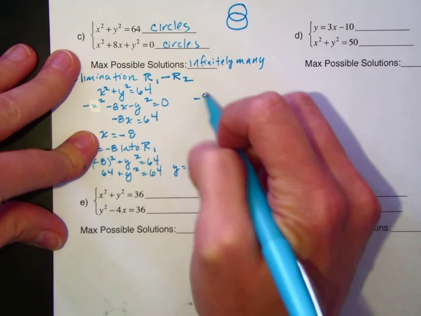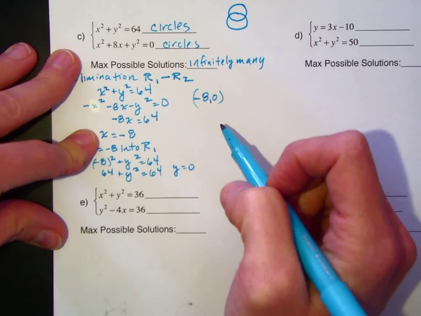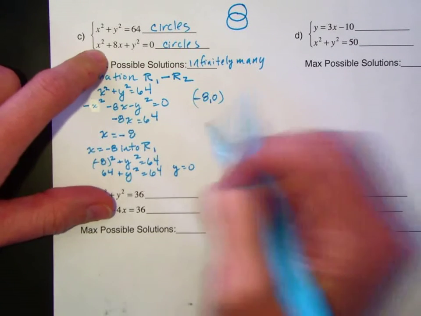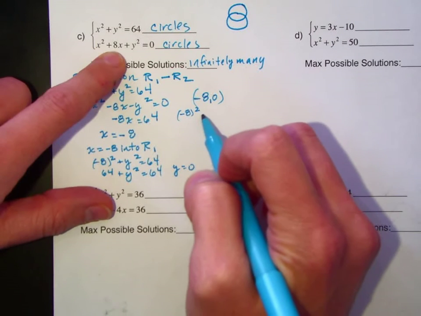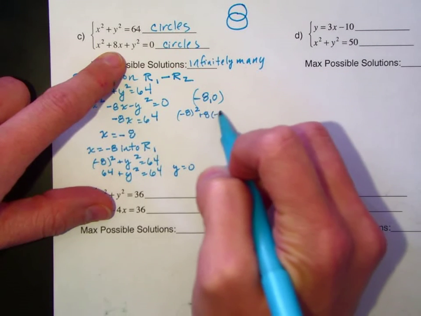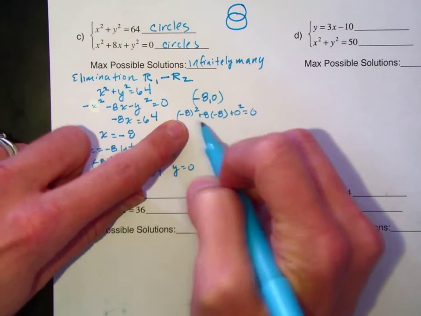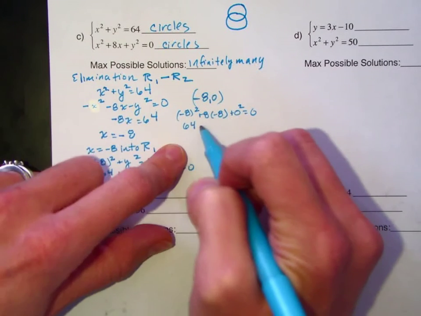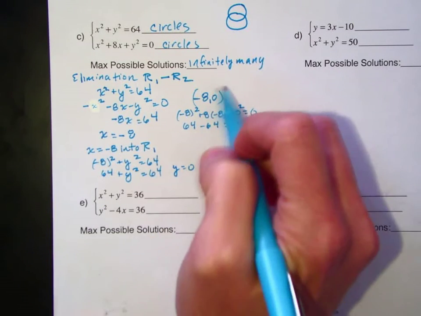So now we have negative 8, 0, but what do you have to do? You need to check. So here we would get negative 8 squared plus 8 times negative 8 plus 0 squared equals 0. And here we get a positive 64 minus 64. Does that equal 0? Yes, so we're good to go.